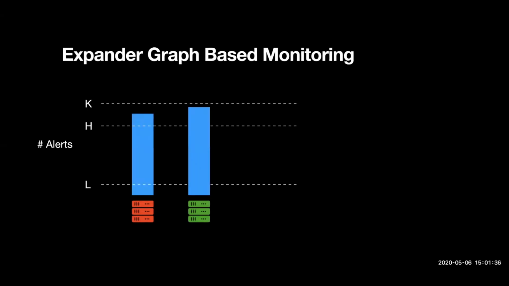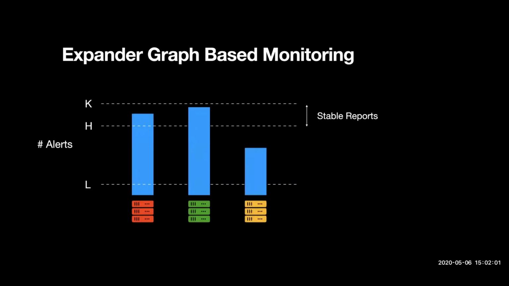Every process in the system keeps a tally of how many alerts it has received. If the alerts go above the high water mark, the report generated for that particular subject is deemed to be stable.